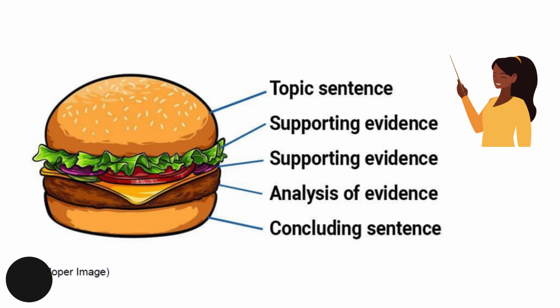The second one is the evidence in the middle of your burger. Now, in the middle, you'll have your patty, you'll have cheese, you'll have the garnish, depending on what type of burger you've ordered. But there is a middle section that is the evidence of the paragraph itself. So when you start writing, there's supporting evidence and analysis of that evidence.